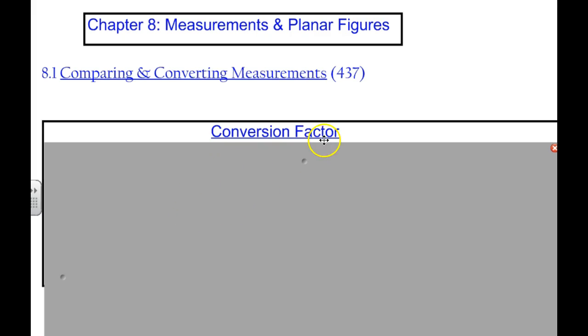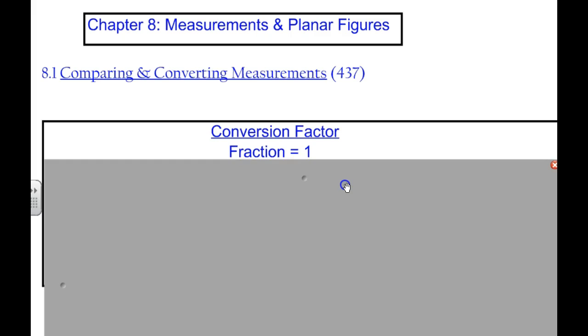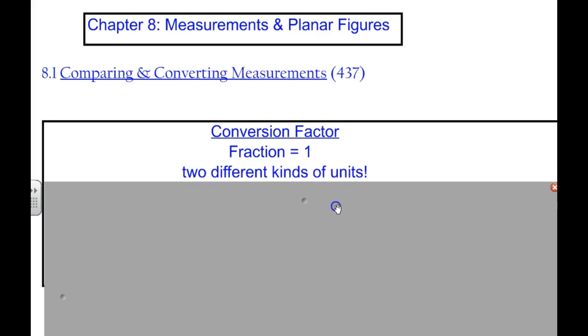So when we change from like feet to yards, we use a fraction that equals 1. It's a factor. So what operation are we using if it's a factor? Multiplication. We're multiplying by a fraction that equals 1, and the fraction has 2 different kinds of units.